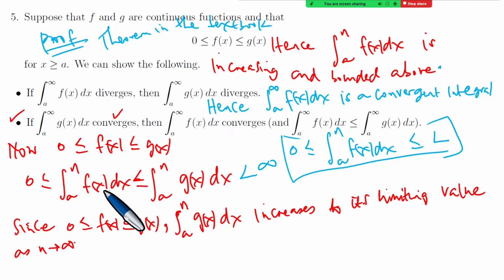Hence the integral from a to n of f of x dx is increasing and bounded above also, and hence the integral from a to infinity is a convergent integral. That's what we want, that this converges.